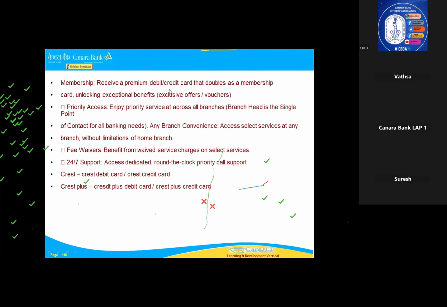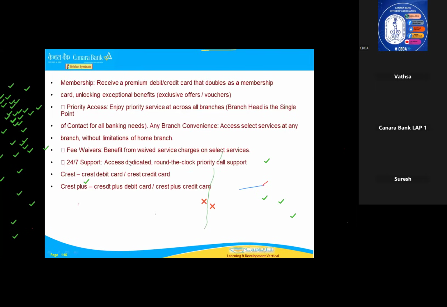They will receive a premium debit and credit card that doubles as a membership card, unlocking all the benefits, priority access. Branch heads have to attend to these customers, and they can go to any branch and get their work done. Managers have to attend to them because they are such VIP customers, maintaining a very good balance.